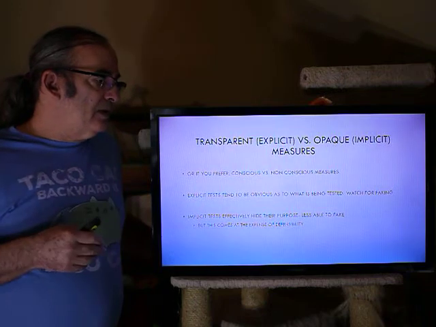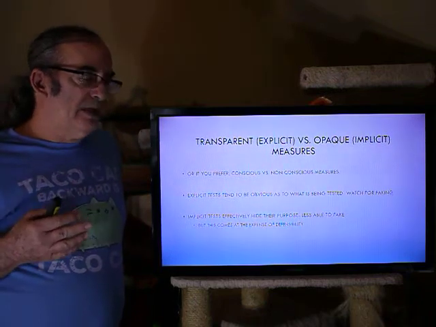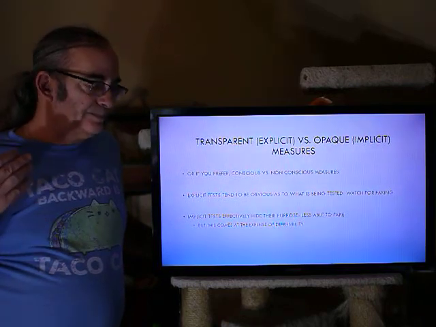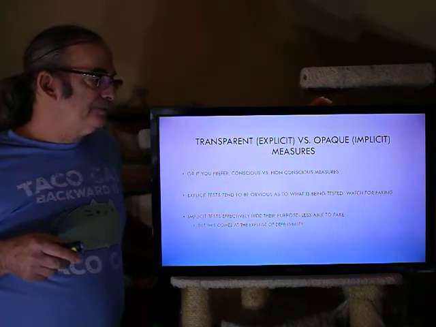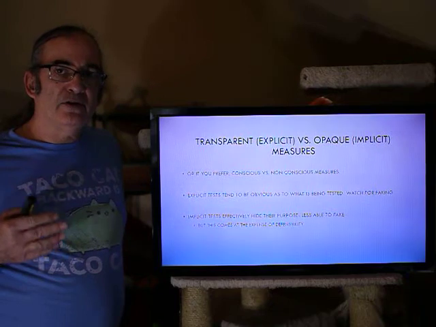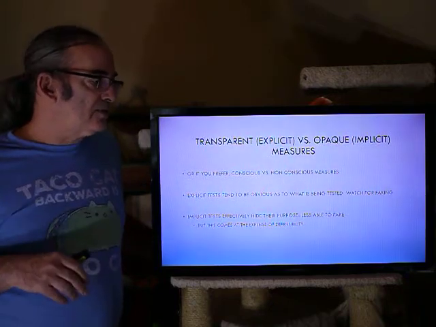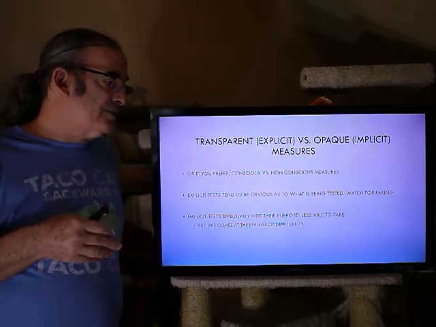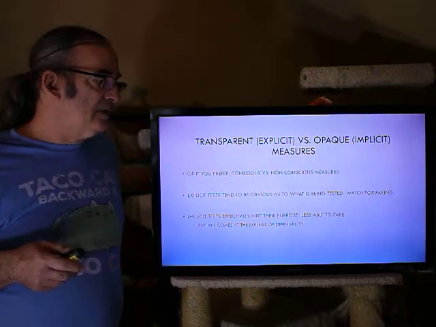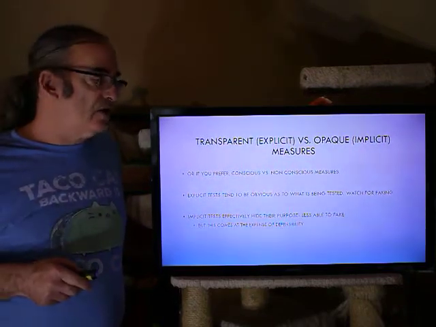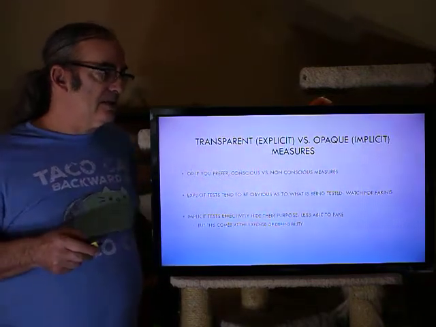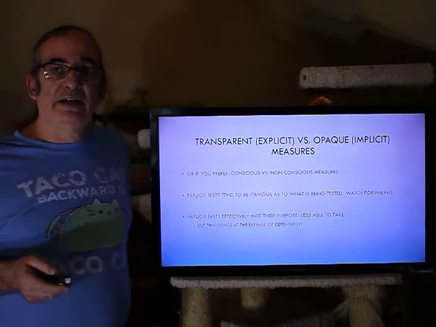So, transparent explicit versus opaque implicit measures. Notice that the TAT is a great example of an opaque or non-conscious measure, because it's tapping into non-conscious processes, whereas standardized questionnaires are usually more explicit and tap into more conscious constructs. Explicit tests tend to be obvious as to what's being tested, so you have to watch for faking.